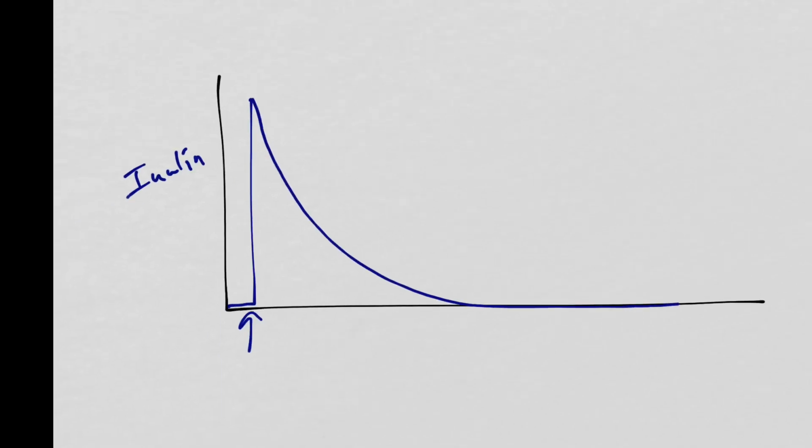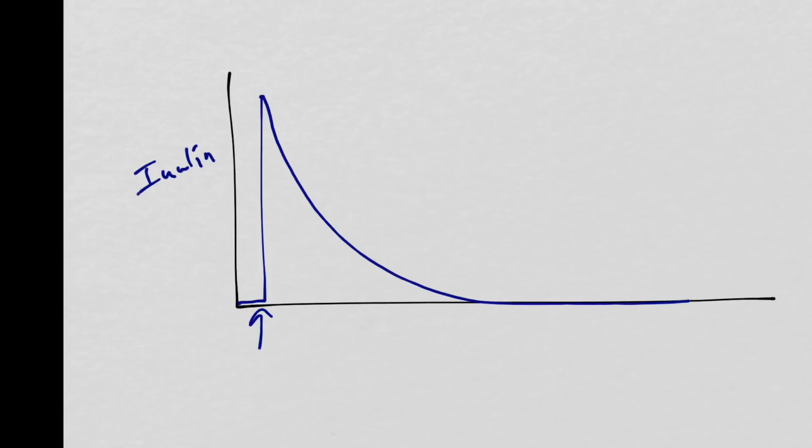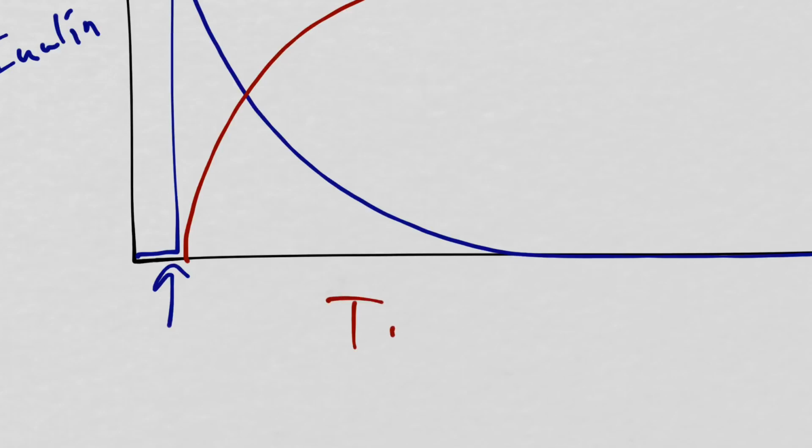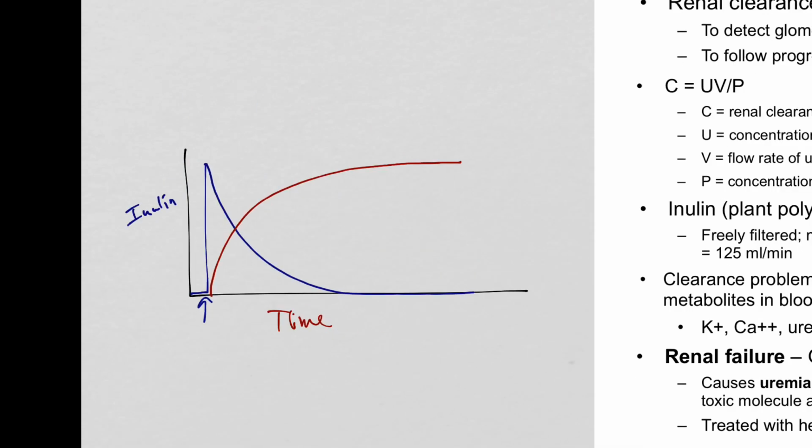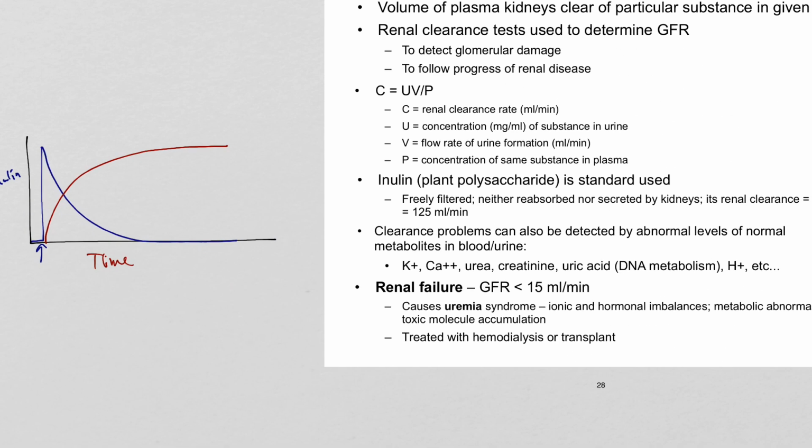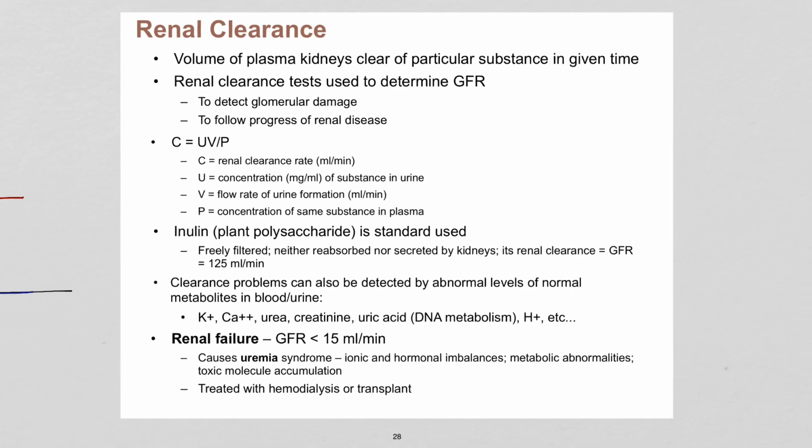And if that's in blood, if you would measure inulin in the urine, let's say that's the red line, you would expect to see a mirror image like that, because if it's leaving the blood through the kidney, the only place it can wind up is in the urine. And the x-axis in all of this would be time. So you're really asking the question, how fast does this happen? And the faster the inulin's out of the blood and into the urine, the higher the person's GFR is.